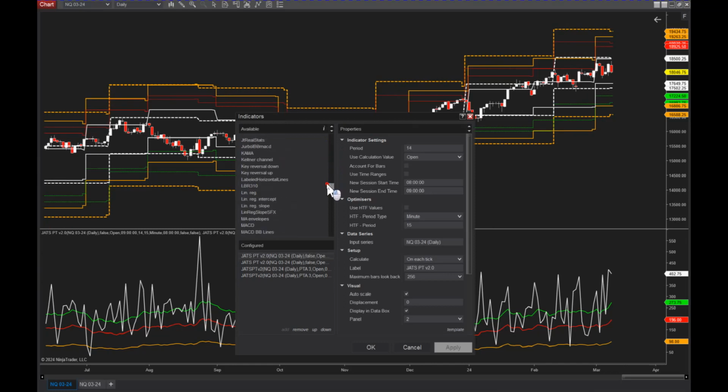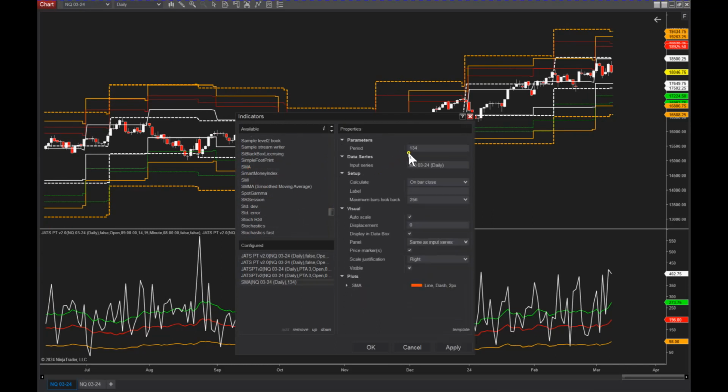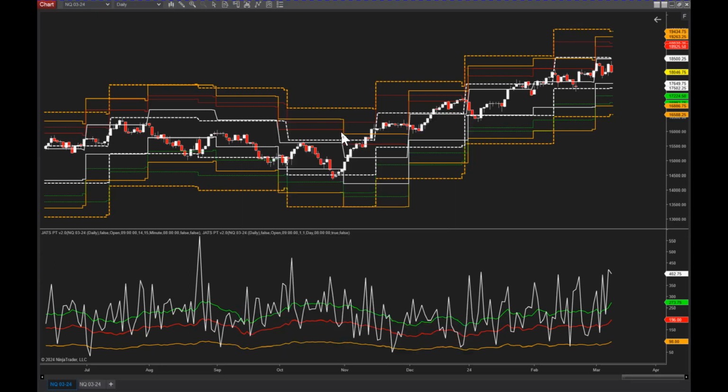So people like to use the 200 SMA. There we go. See how that was bought at this one? 200 SMA at the lower 30-day one.